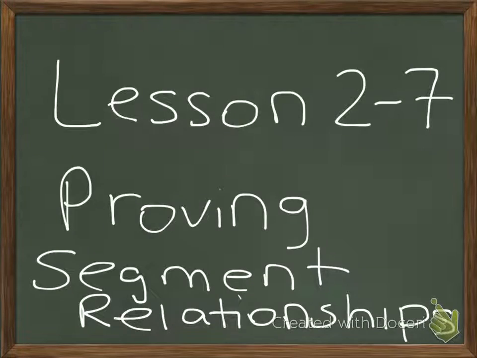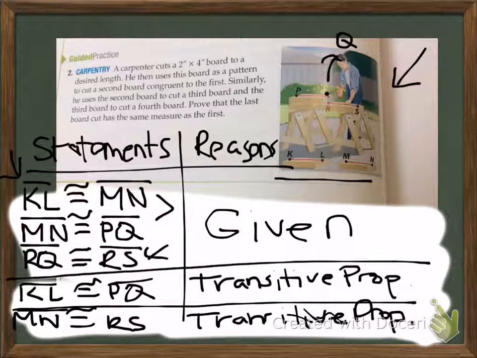So we can actually use the transitive property one more time here, and we would have, since PQ is congruent to MN and KL is also congruent to MN, that's why we put KL together with PQ. But then PQ is congruent to MN and PQ is also congruent to RS.